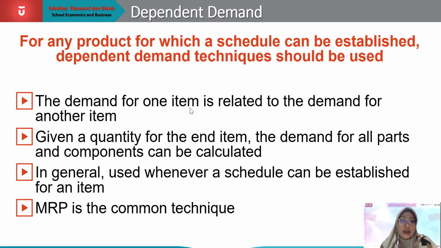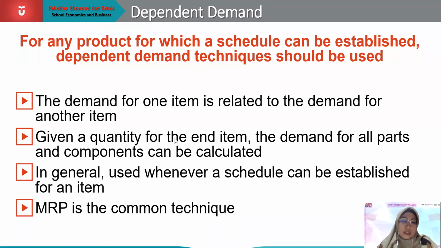The demand for one item is related to the demand for another item. Like I said before, if you want to sell hamburgers, you know the components for making a hamburger. When the demand for hamburgers increases, all the components you need also increase. So the demand for an item is related to the demand for another item.